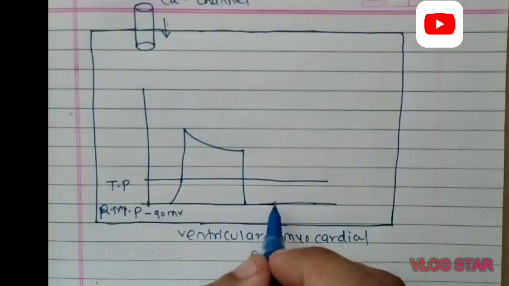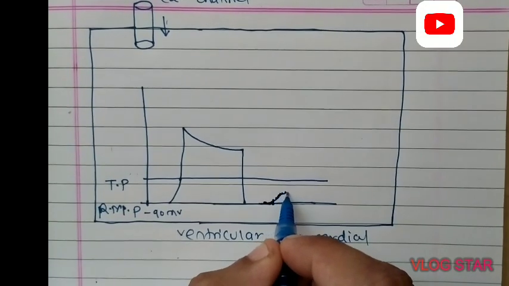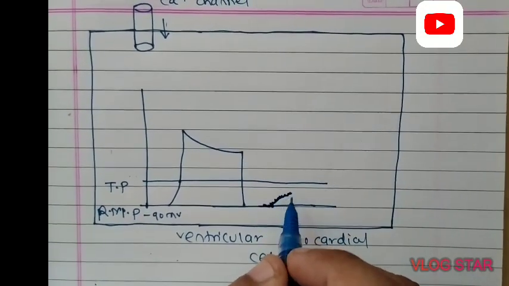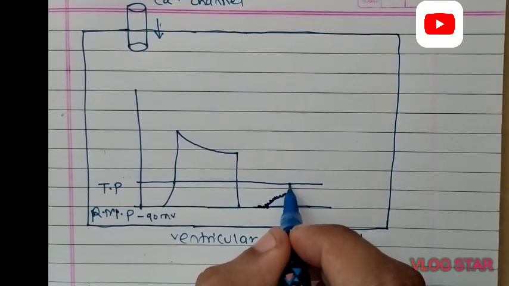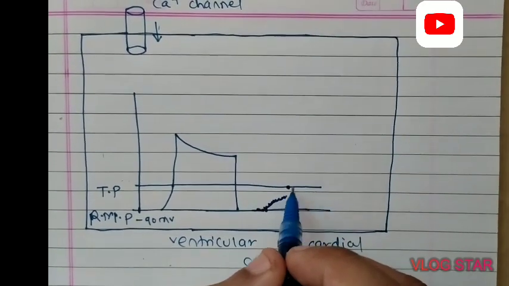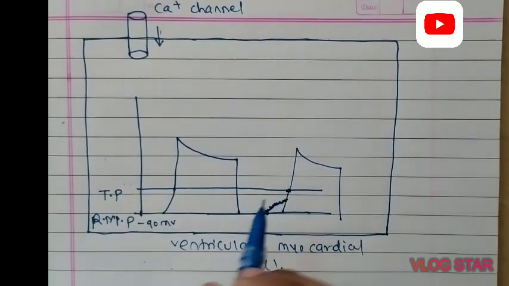So due to the influx of calcium, the resting membrane potential starts going up, and finally it reaches a threshold potential. Once it reaches the threshold potential, it further leads to the same graph.